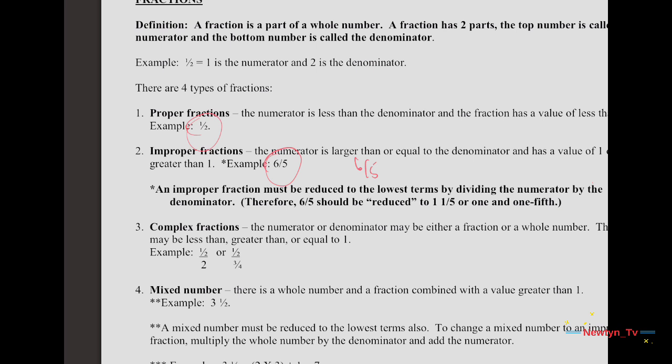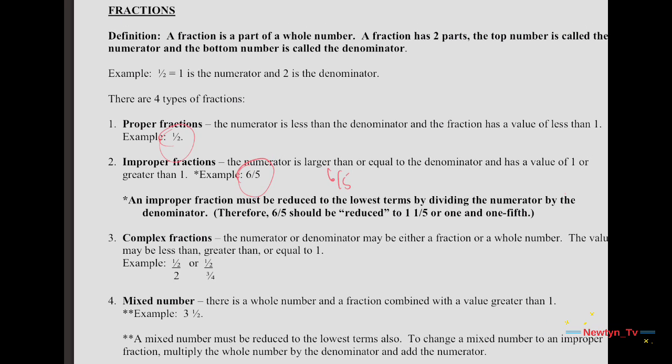So when you get an improper fraction, one thing that we need to do is to reduce it to the lowest term by dividing the numerator by the denominator, right? To do that, we have to get a number that when we multiply the denominator by it, we get the numerator or something closer to it.